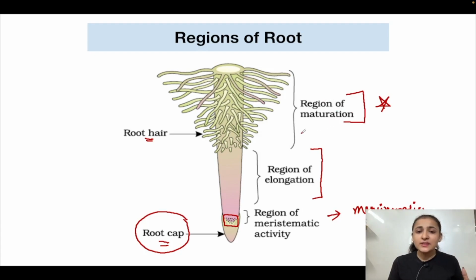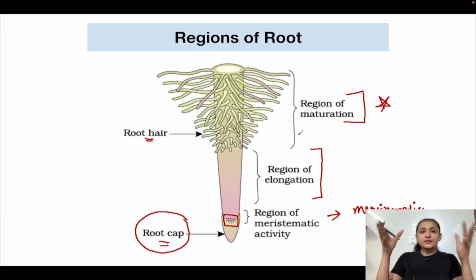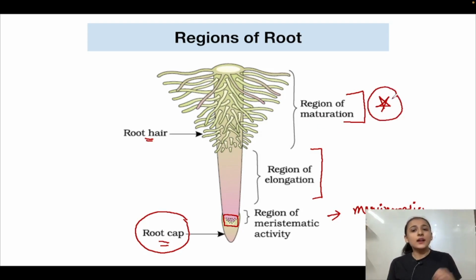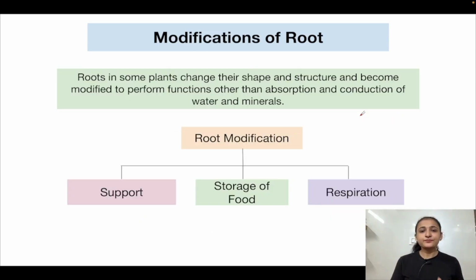What are the epidermal cells? The outermost cells that cover the root. From there, root hairs arise, which are fine thread-like structures responsible for the absorption of water and minerals. So this was all about the regions of the root. It is very important that root hairs arise from the epidermal cells of the region of maturation. A question has also come from this part, which we will see at the end of this video. So stay tuned till the end.